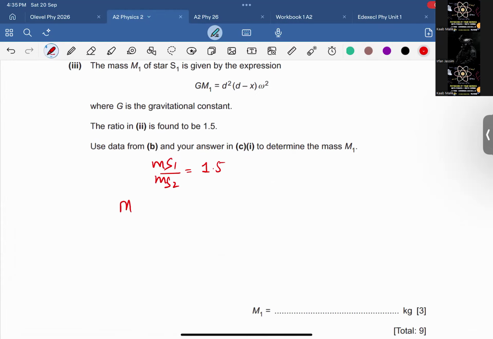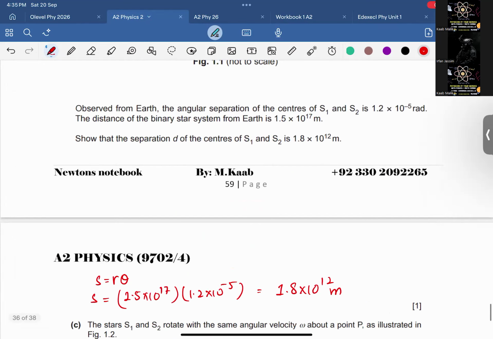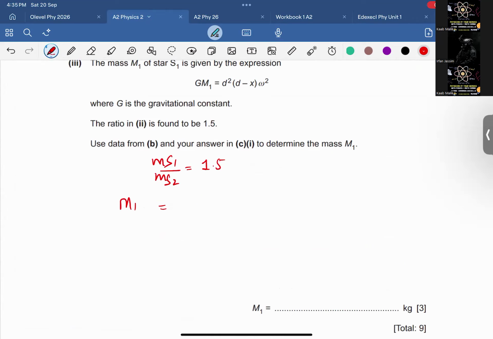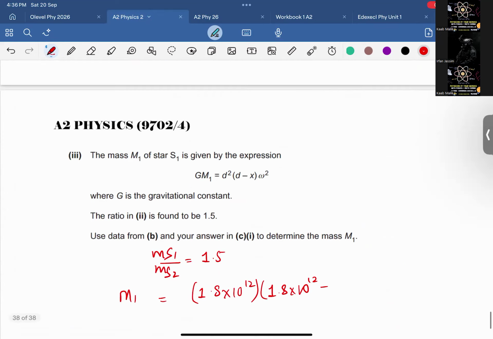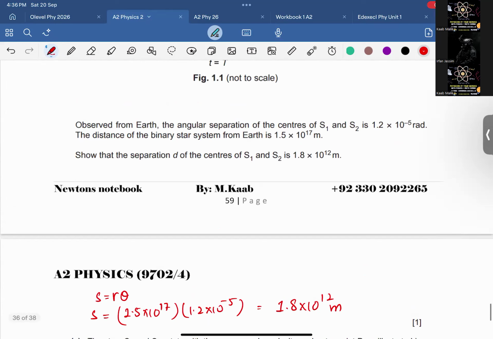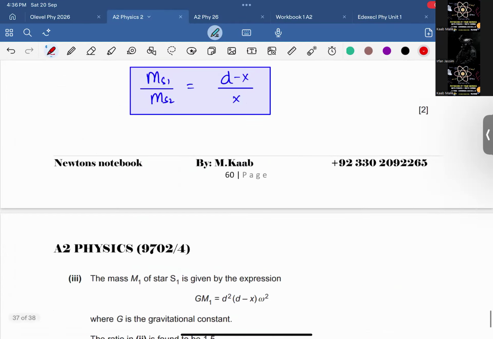So M1 is equal to the whole D, which was 1.8 exponent 12, and then D minus X. So again, 1.8 exponent 12 minus X. X is going to be, what will be the X?